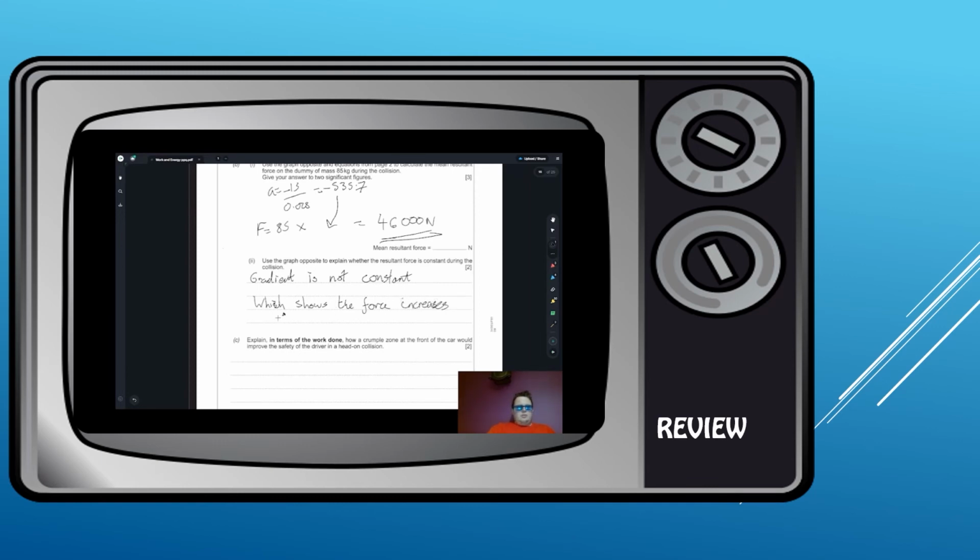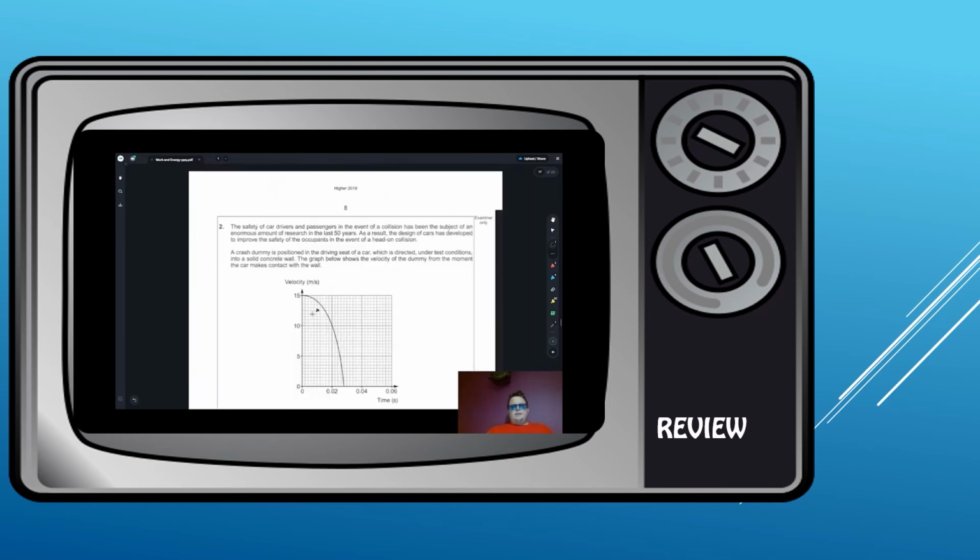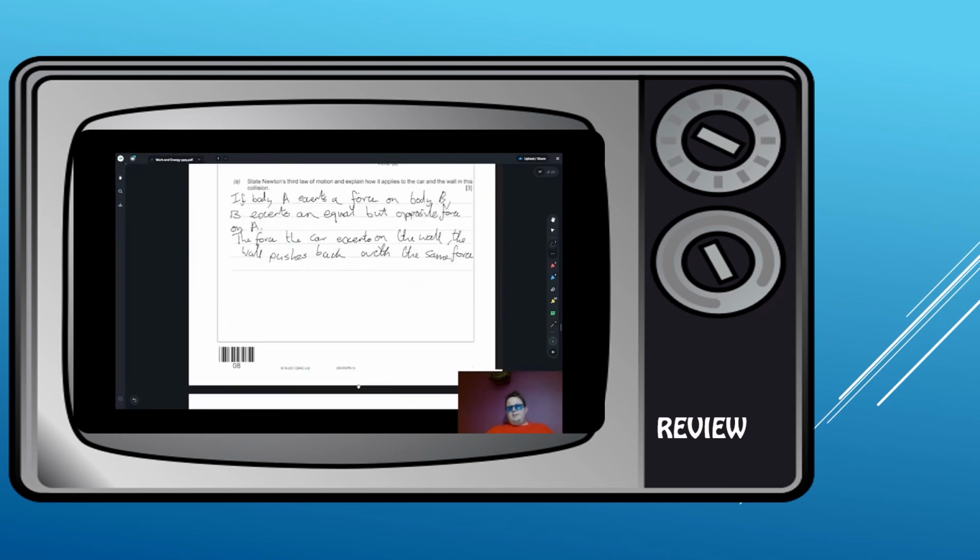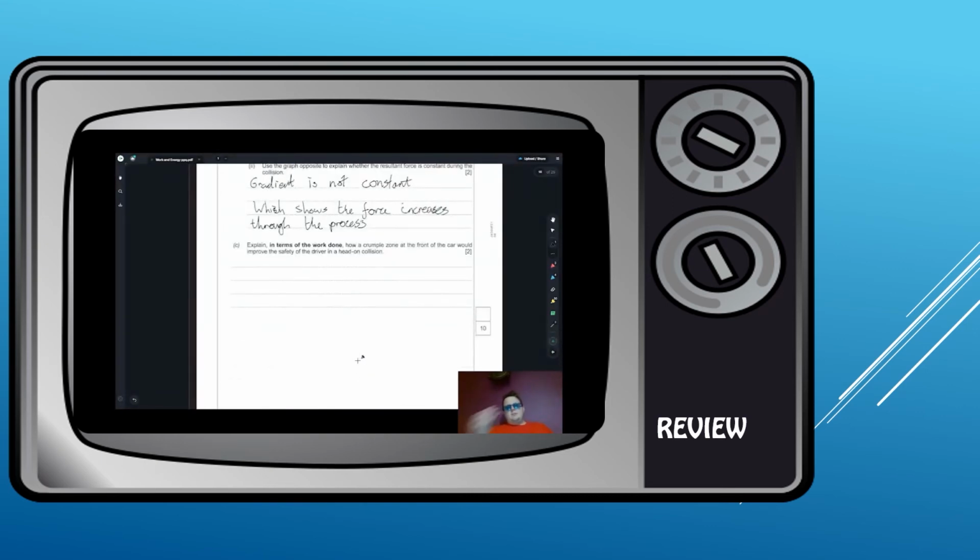So it shows the force increases through the process. If you look at this graph, this line gets steeper, which means the acceleration gets greater, which means the force increases.